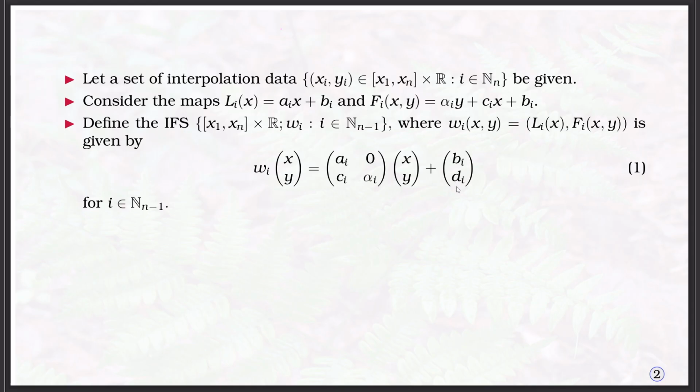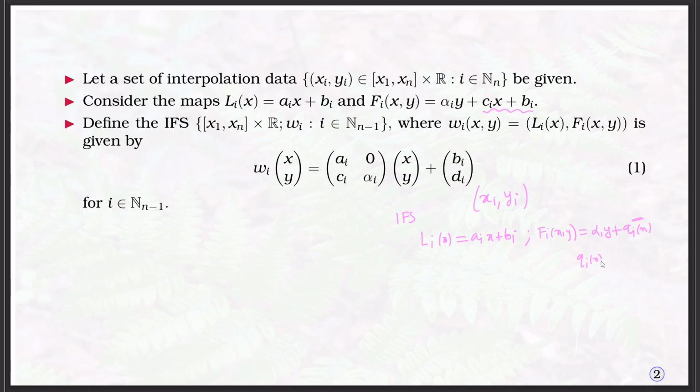So, here the given data points are, once again I am writing, given data xi and yi. For this given data points, to find the fractal interpolation function, we are using the iterated function system of the form Li of x equal to ai x plus bi, and fi of x comma y in the form alpha i y plus qi of x, where this qi we are taking as the linear case.